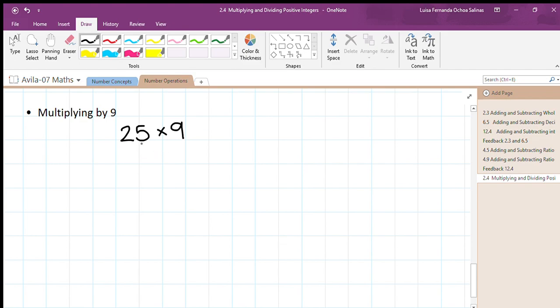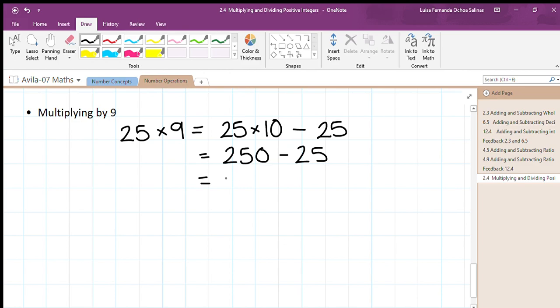So I'm going to say, okay, 25 times 9, I don't know exactly how to split it, but what I can do is I say 25 times 10, okay, 250. 250, I have to take 25 because it was times 9, so it's 225, done. So what did I do? I said, okay, 25 times 10, and then I'm going to take away 25. Okay, so if I do that, I can say, okay, 250 take away 25 is going to be equal to 225.